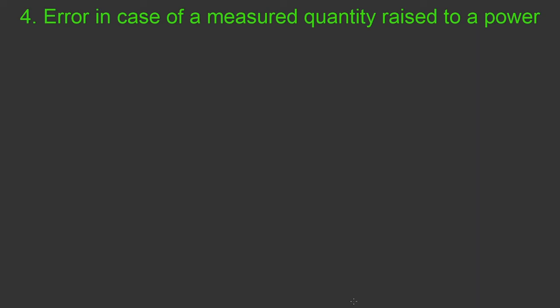Now we are going to study error in case of a measured quantity raised to a power. Let Z is equal to A raised to n. I can write it as A into A into A, n times. We already know the relative error of a product of measurements is the sum of the relative errors.